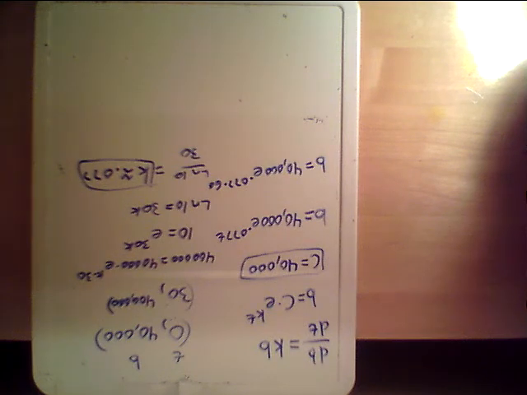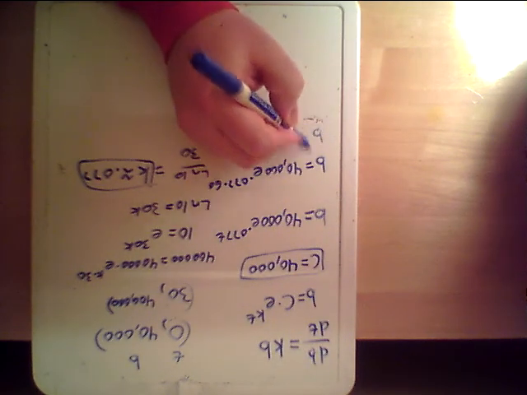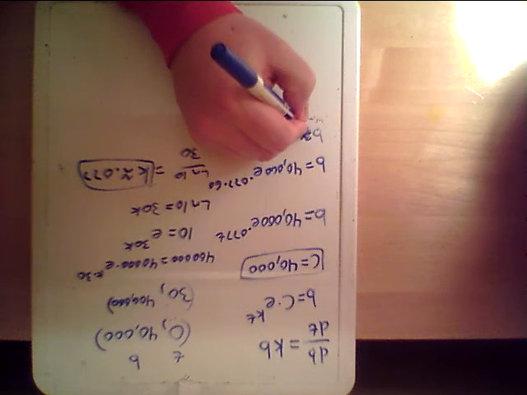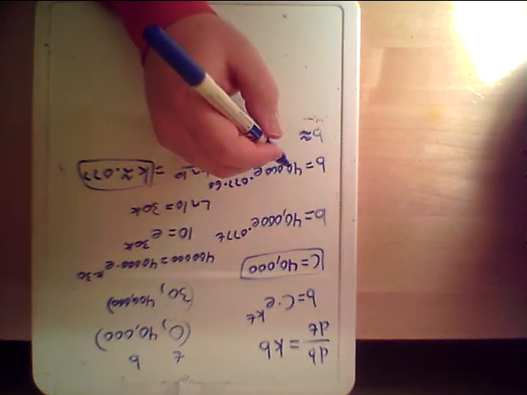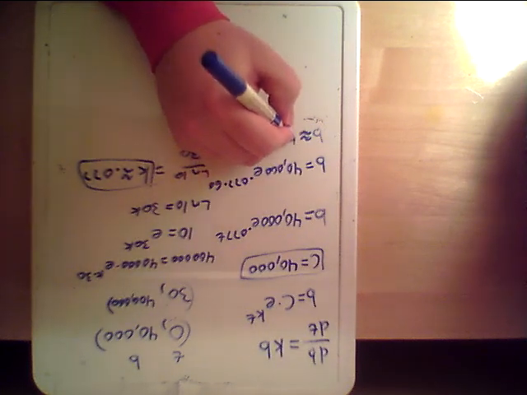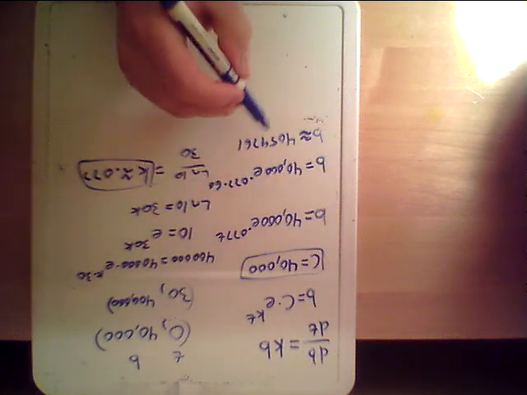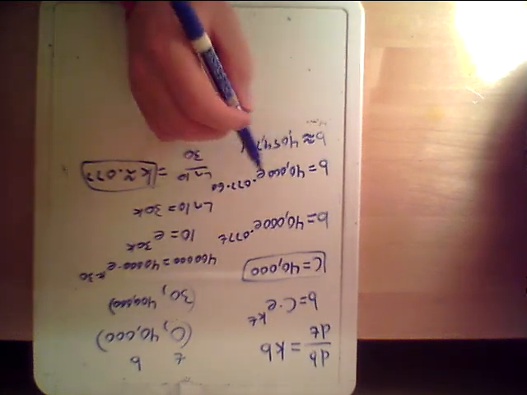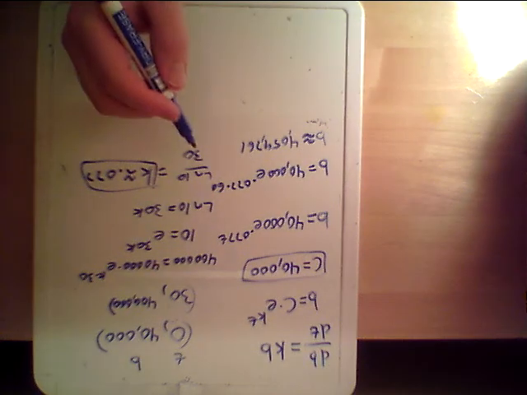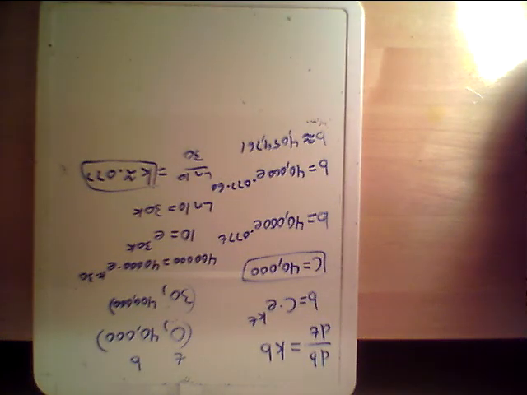And we have 4,059,761 roughly. So B in this case will roughly equal 4,059,761. So 4,059,761 bacteria are in your body after an hour.